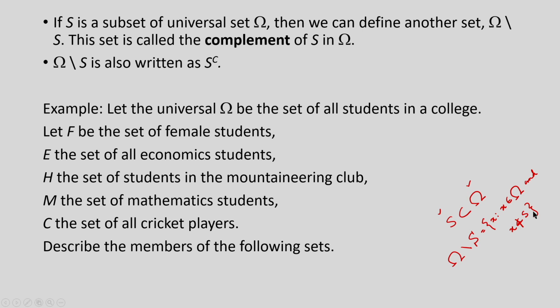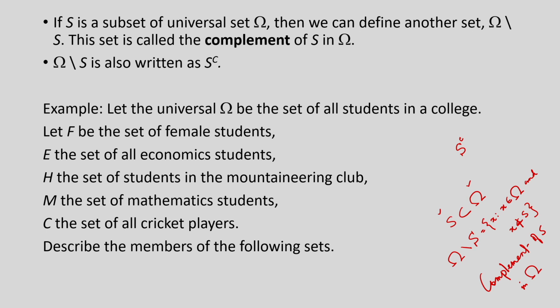So, this is how we should write gamma minus S, that this is a set which consists of elements that belong to gamma and do not belong to S. Now, that set is called the complement of S, but with respect to what? With respect to this gamma. It is sometimes written as S with a small c as the superscript. Okay. So, S^c is the complement set of S in gamma.